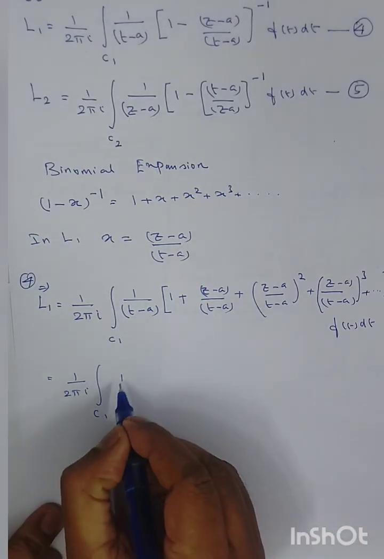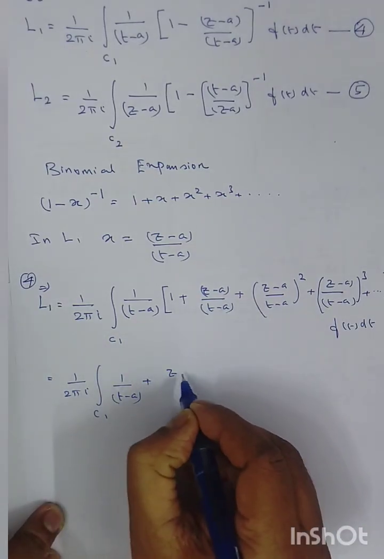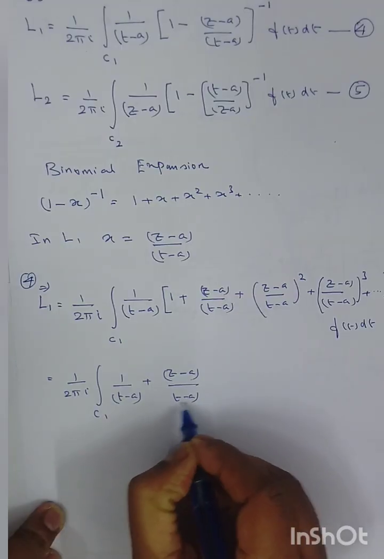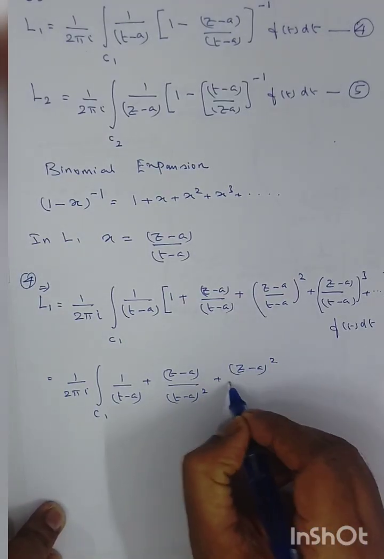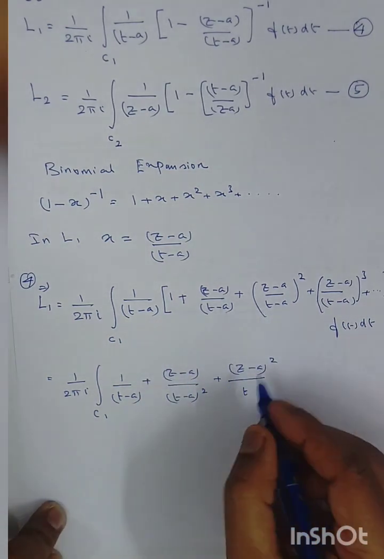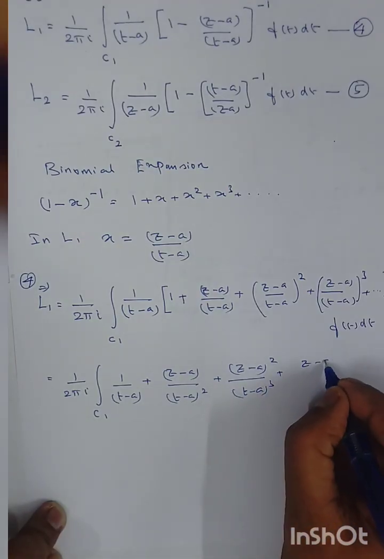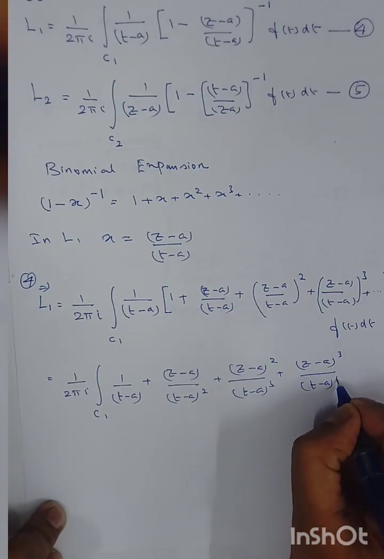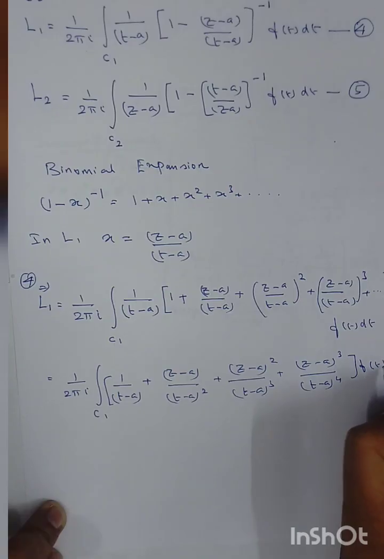With this 1 it is 1 by t minus a, then plus z minus a, t minus a into t minus a becomes t minus a the whole square, plus z minus a the whole square divided by t minus a the whole cube, plus t minus a into t minus a, then it becomes t minus a the whole cube, plus z minus a the whole cube divided by t minus a the whole power 4, into f of t dt.